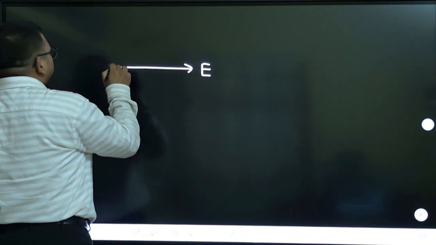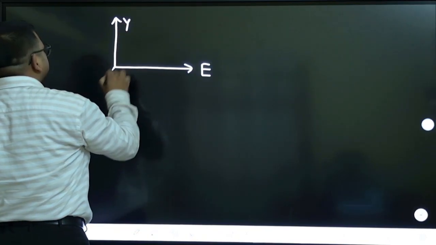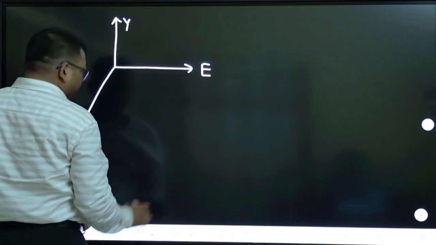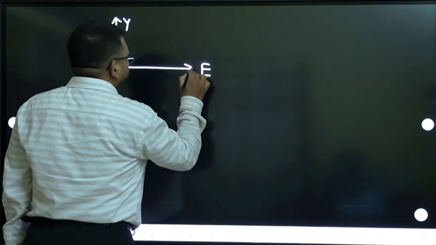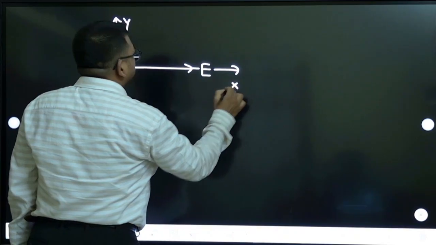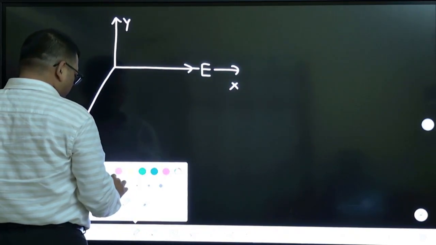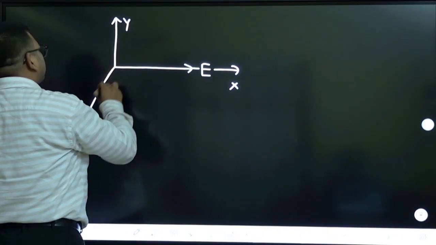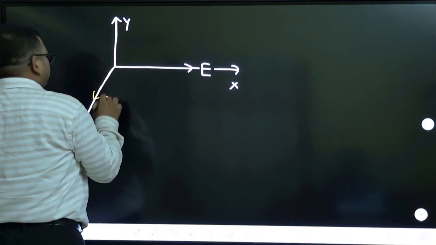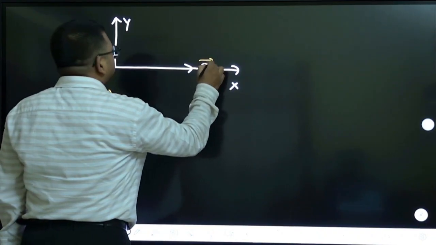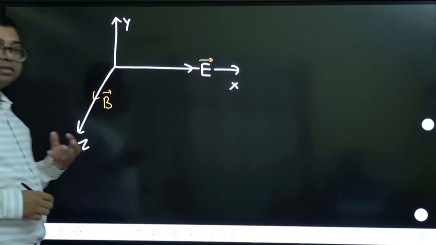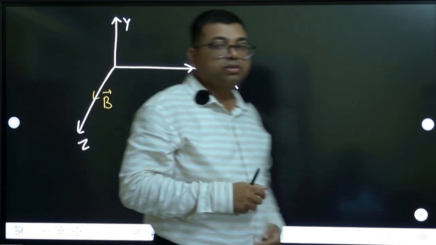And you know that this is the y-axis and this is the z-axis. Here they are saying that the magnetic field is along the z direction, which means it is coming out, right?